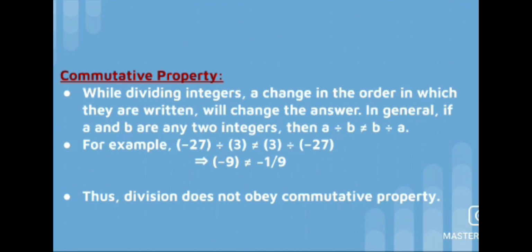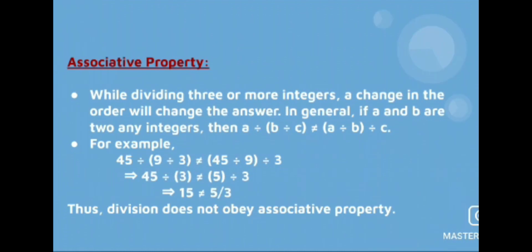It is not possible for two integers, so surely it is not possible for three integers in the associative property. Let us see. While dividing three or more integers, a change in the order will change the answer. In general, if a, b and c are any integers, then (a divided by b) divided by c is not equal to a divided by (b divided by c).